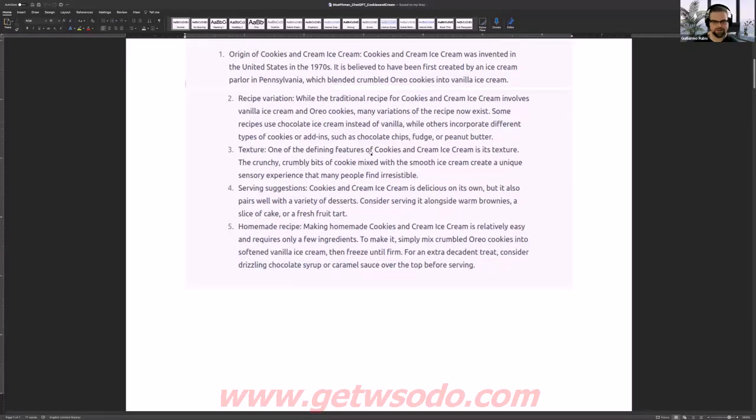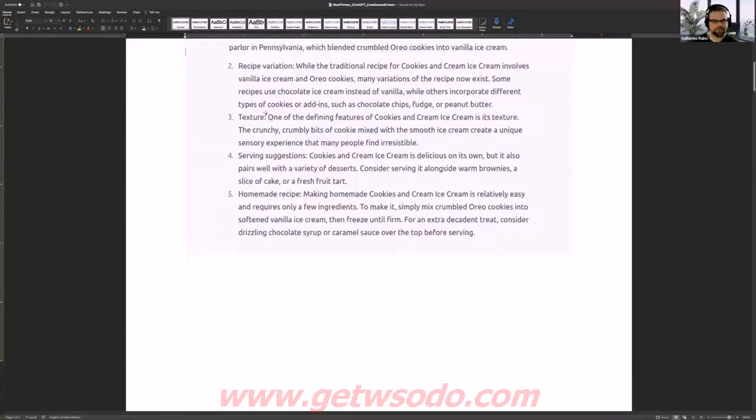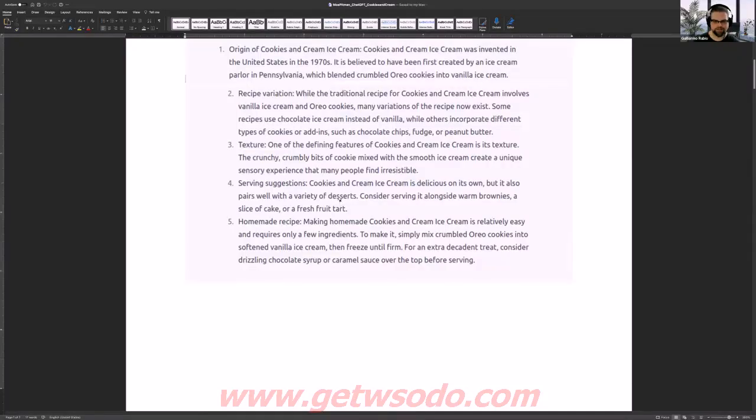Texture. One of the funny things is the texture, serving suggestions, homemade recipe. So, I mean, these are good, but if I was being paid, let's say, to write a 1,000-word article on cookies and cream ice cream, and it had to have 5 fun or interesting facts, going through this, the order of these facts just makes no sense to me.